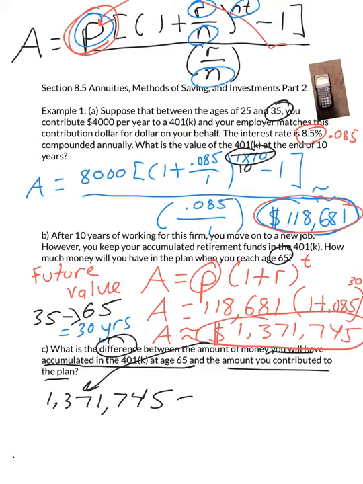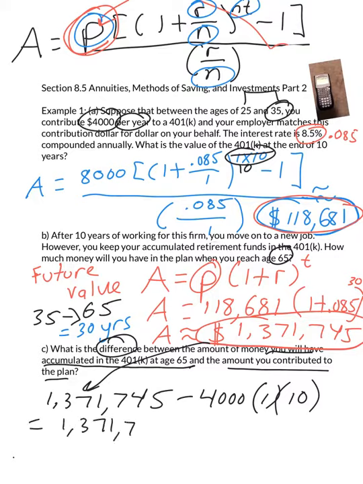Well, let's think it out logically. If we go back to part A, we contributed $4,000, so 4,000 times, we did that once a year, so times 1 technically, times, and we did it for 10 years, from age 25 to 35. So I have $1,371,745 minus, I'm going to multiply before I subtract.